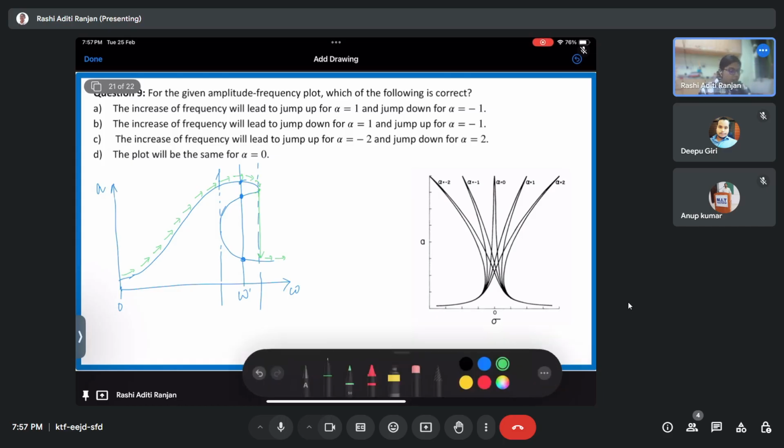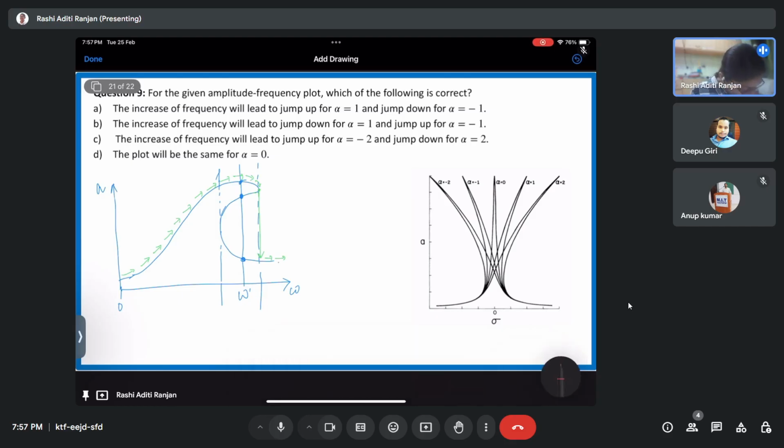Now, what if I start from a higher value of omega and then start decreasing omega? Essentially, I'm going to have this path, and as soon as it reaches this point, it is going to jump up like this and then start following this path.